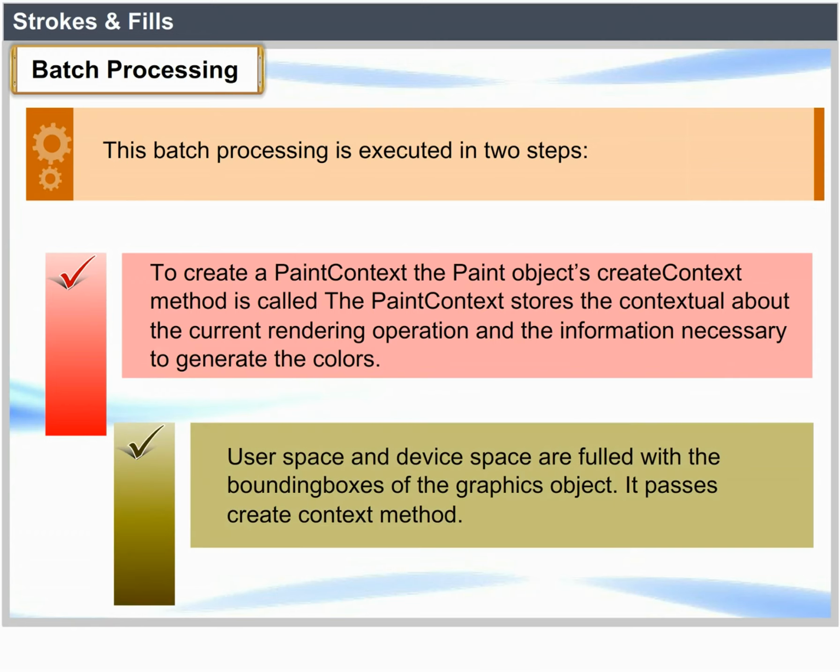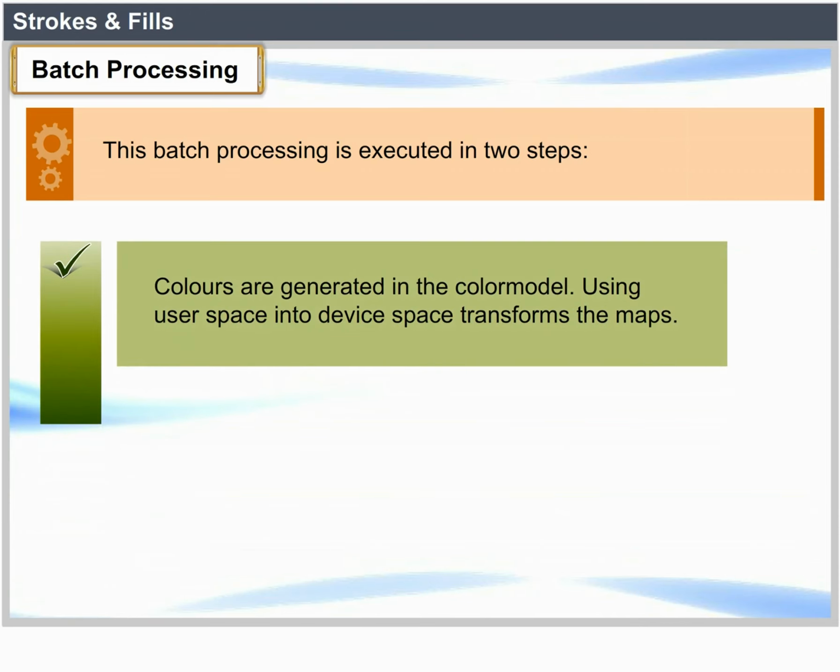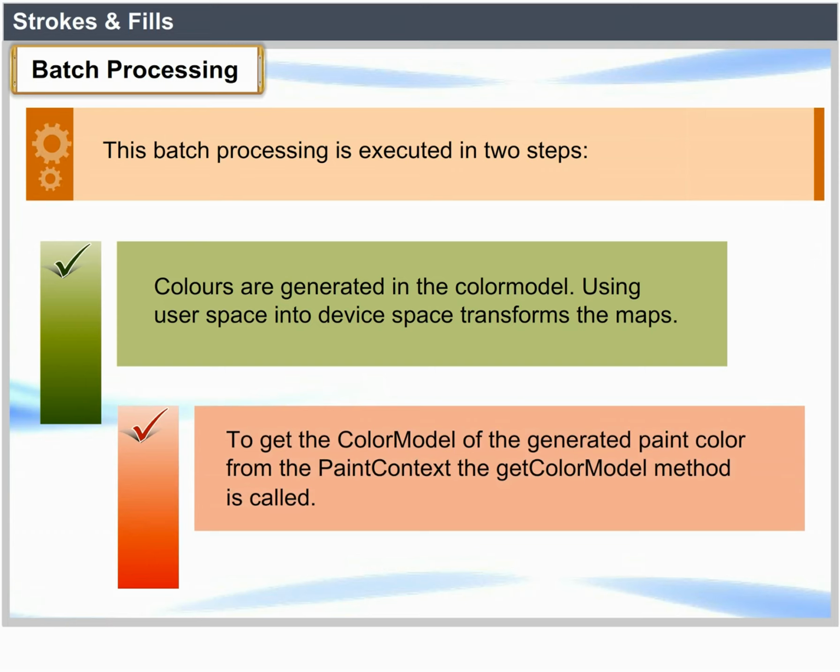User space and device space bounding boxes of the graphics object are passed to the createContext method. Colors are generated in the color model, using the transform that maps user space into device space. To get the color model of the generated paint color from the paint context, the getColorModel method is called.